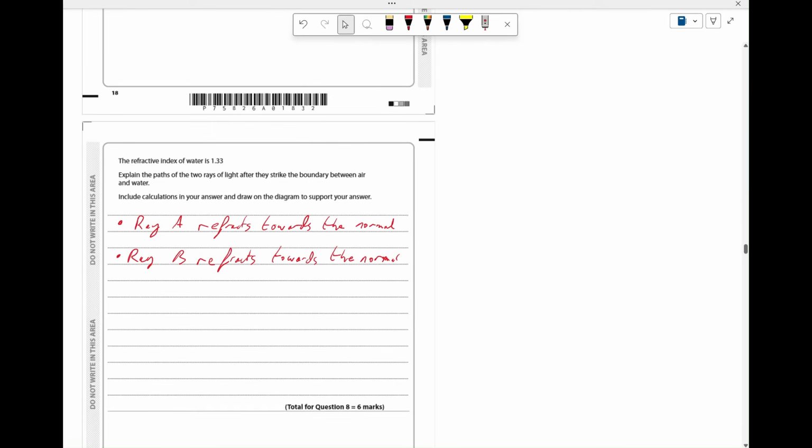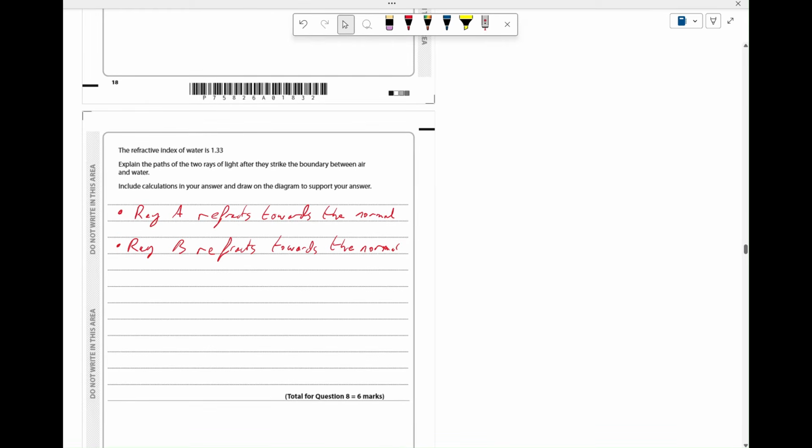I've measured my angles. Let's show them that I know the equation. Okay, so r is going to be equal to inverse sine of sine i divided by n.